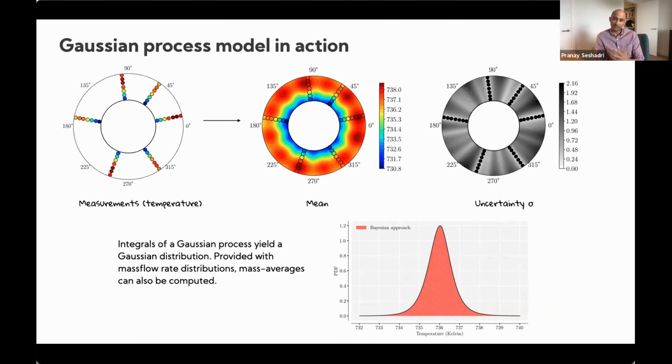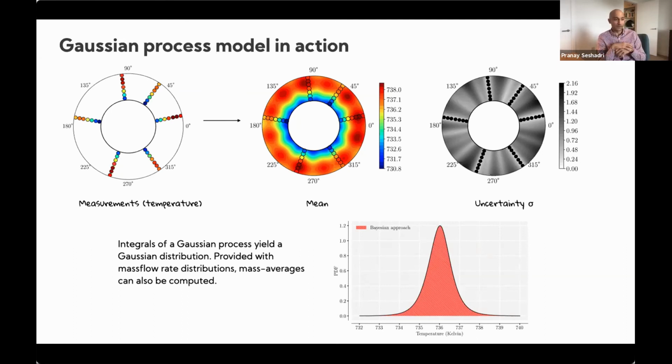This derivation, while trivial, is so powerful because prior to this work, within the turbomachinery community, when folks computed area averages, they primarily used what's called a sector weighted area average. The idea is you work out what percentage of sector area each sensor is taking up, and then based on that, you weight it and use that to arrive at an area average.